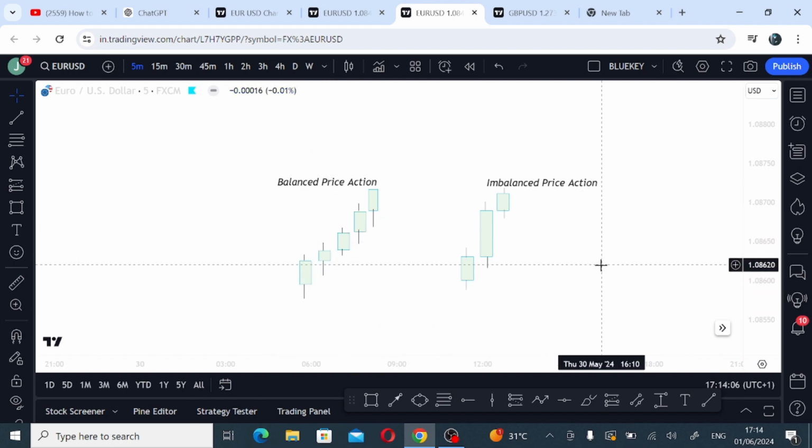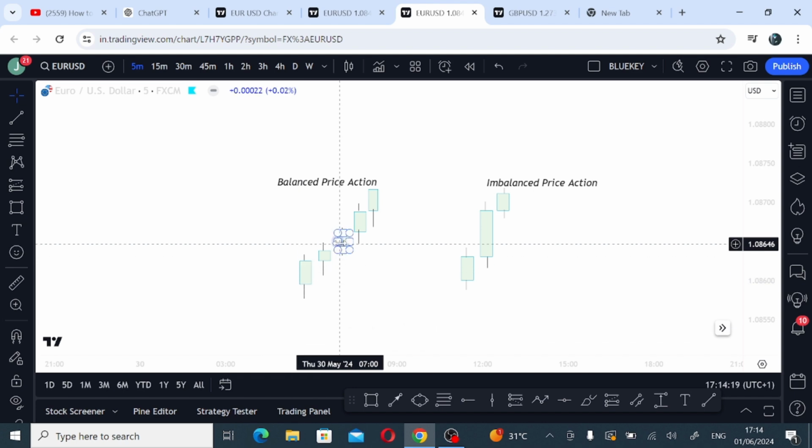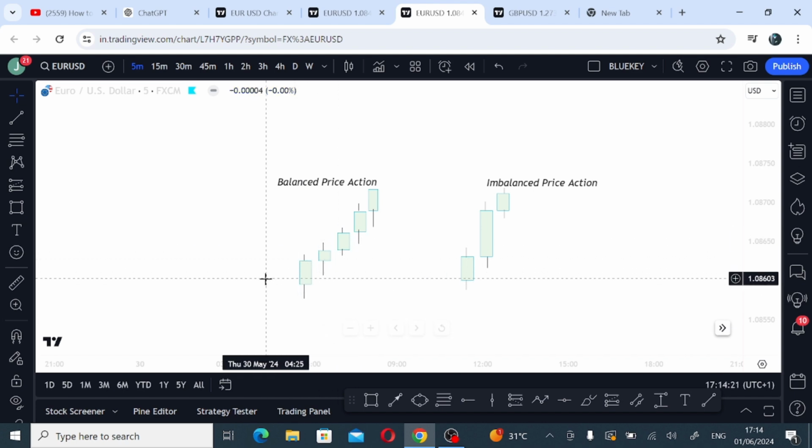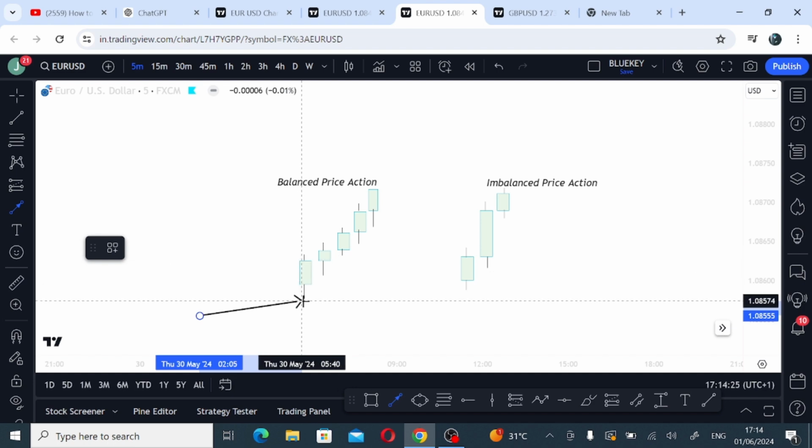Now let me explain. There's something we call the 3-candle rule that actually helps you understand the situation of an imbalanced market and a balanced market, right? So let us take, for example, these 1, 2, 3 candles. Now you see that this is more or less like a candle with a wick.